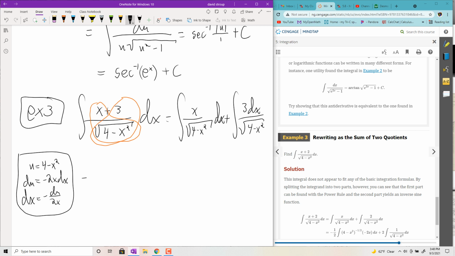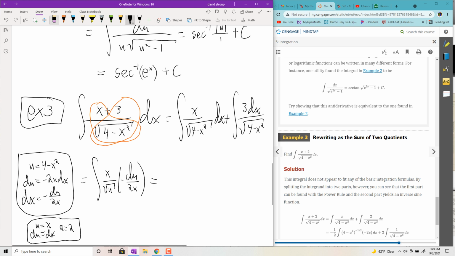Okay? So my first integral becomes x all over the square root of u times negative du over 2x. For the second integral, you note that u is just going to be x, so du is dx, and then I guess a is 2. Okay. You can go straight to integrating it if you want. That's probably what I'm going to do.